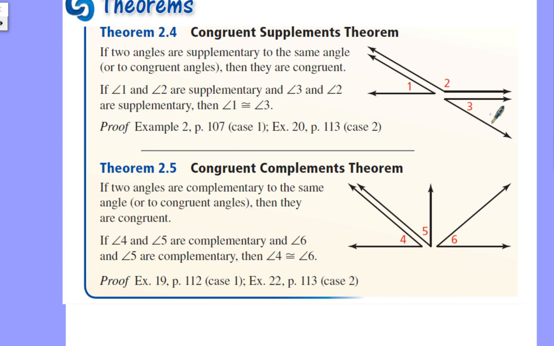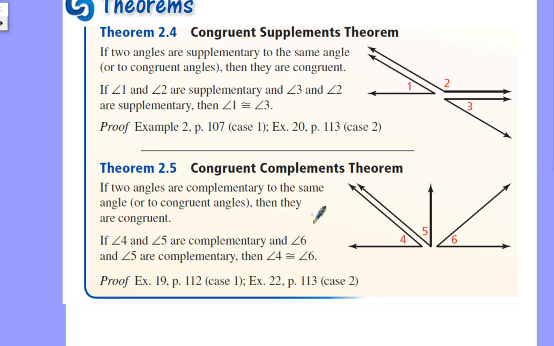Let me say that one more time. If 1 and 2 are supplements, aka equal 180 degrees, and if angles 2 and 3 are supplements, once again equal 180 degrees, well, what didn't change in the scenario? Angle 2 was the same in the situation with 1 and 2 and in 2 and 3. So the only way that 1 and 2 can equal 180 and 2 and 3 can equal 180 is if 1 and 3 are the same angle.